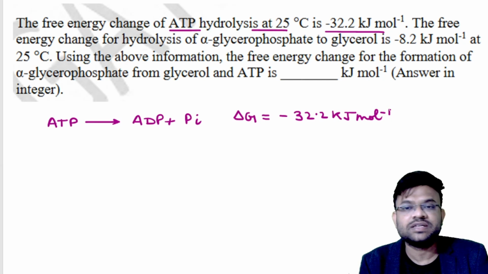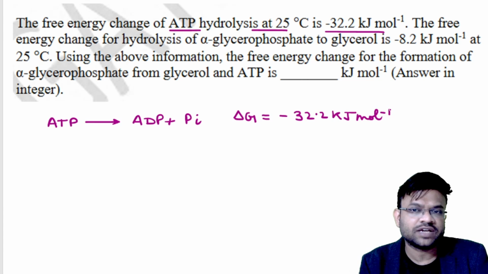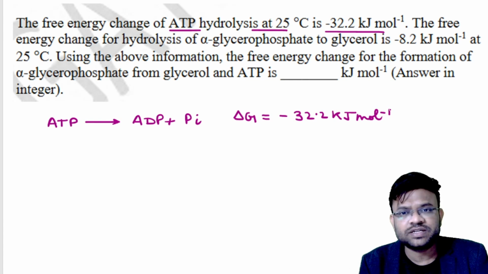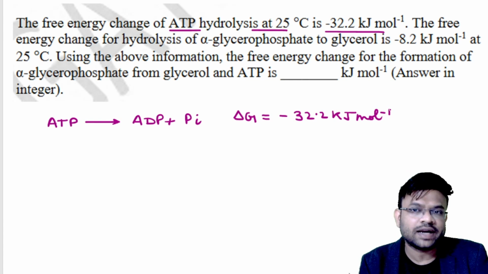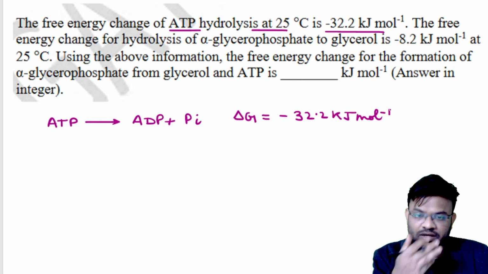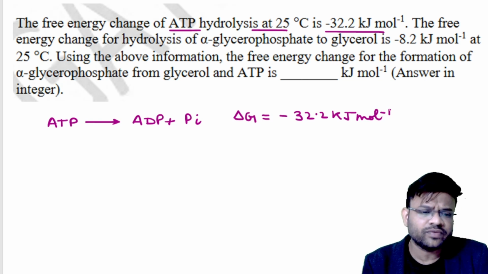Apart from that, when is the reaction spontaneous, when is the reaction non-spontaneous, or when is the reaction at equilibrium. There are other aspects that you should also look at when talking about delta G. So, a very important delta G concept. I'm going to show you one question like this. I'll be solving it.